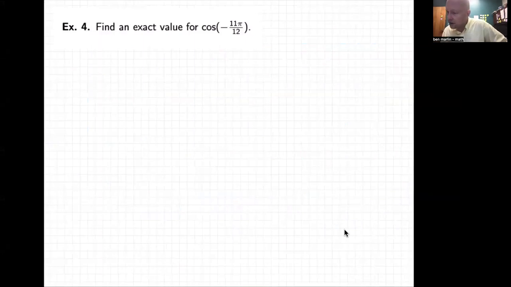So for this one, we're dealing with negative 11 pi over 12. You can tell that that's close to negative 1 pi. So when we're figuring out our quadrants, we'll be able to look and see where that is, and we'll know it's close to negative 1.